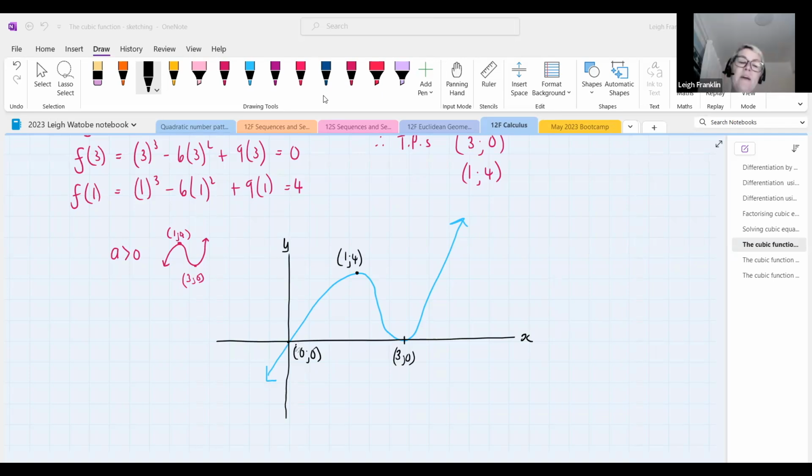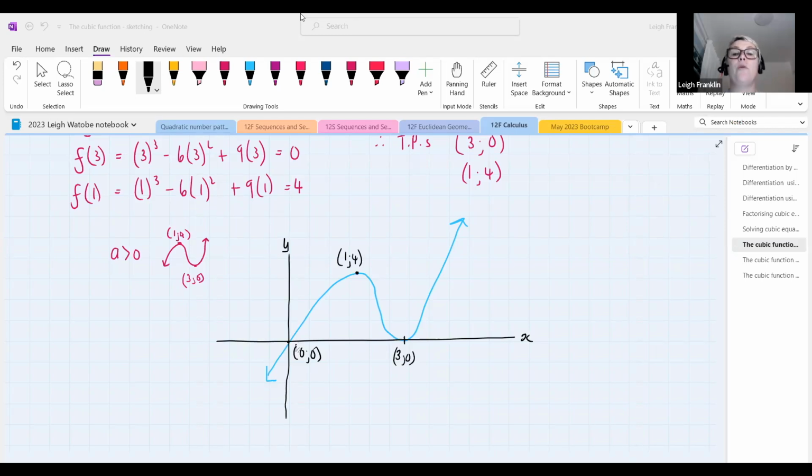Well, it can't be vice versa for this particular function. This function only has 2 turning points. The one is at 1 and 4, and the other one is 3 and 0. It can't be anything else. And you can't swap them around because then it wouldn't make any sense. Okay. Thank you, ma'am.